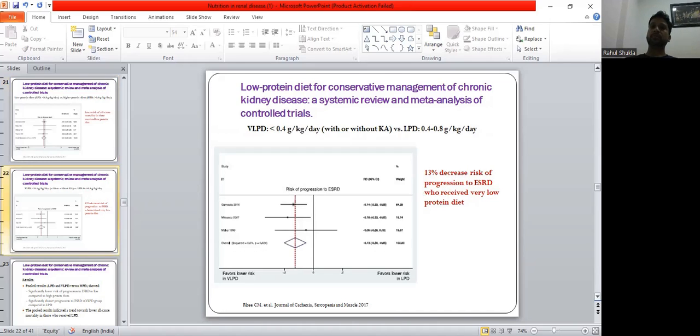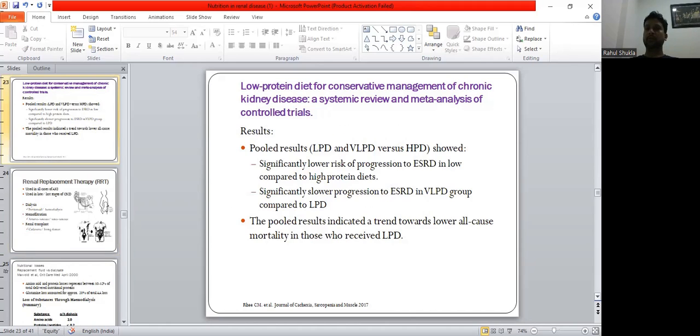Now, coming to a systematic review and meta-analysis of low protein diet in management of CKD, it has been seen that there is a 13% decrease in the progression to end-stage kidney disease in those who received a very low protein diet. So a low protein diet has been shown to have a lower risk of progression to end-stage kidney disease in comparison to a high protein diet, and it also slows progression to ESRD in the very low protein group. Pooled results indicate a trend towards lower all-cause mortality in those who received a low protein diet.